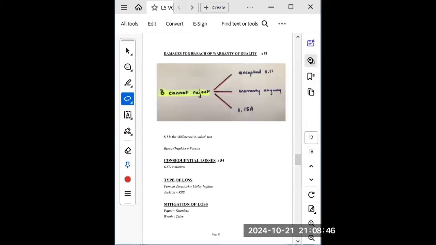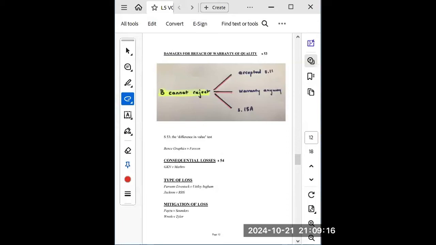This is under Section 53. Note that under Section 53, when it refers to breach of warranty of quality, that's what it talks about. But in fact, it applies to any claim for defective goods. So it applies to Sections 13, 14, and 15. Section 53 applies if the buyer does not reject or cannot reject.